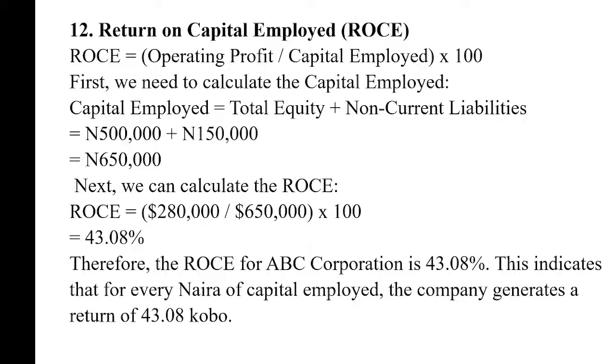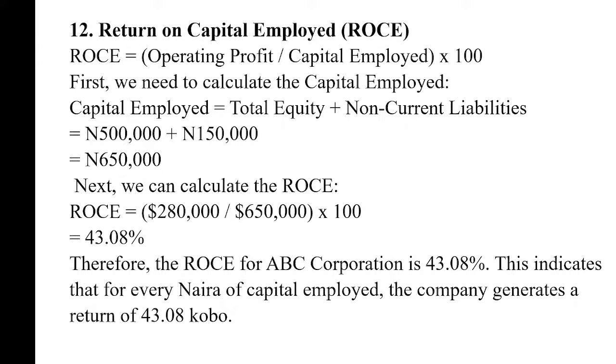So therefore, the return on capital employed for ABC Corporation is 43.08%. This indicates that for every naira of capital employed, the company generates a return of 43.08 kobo.